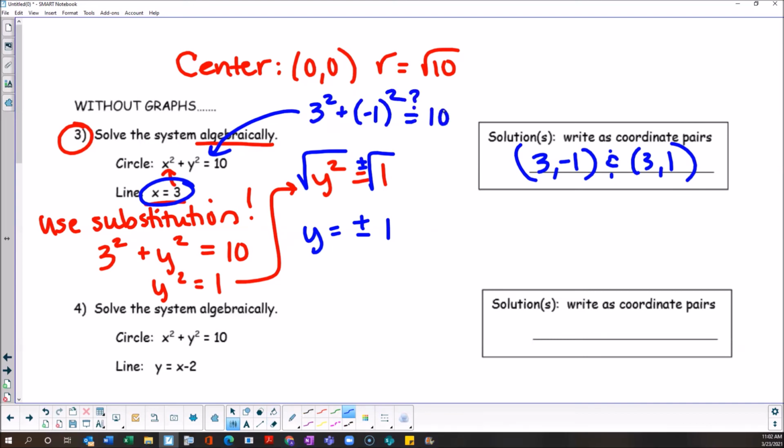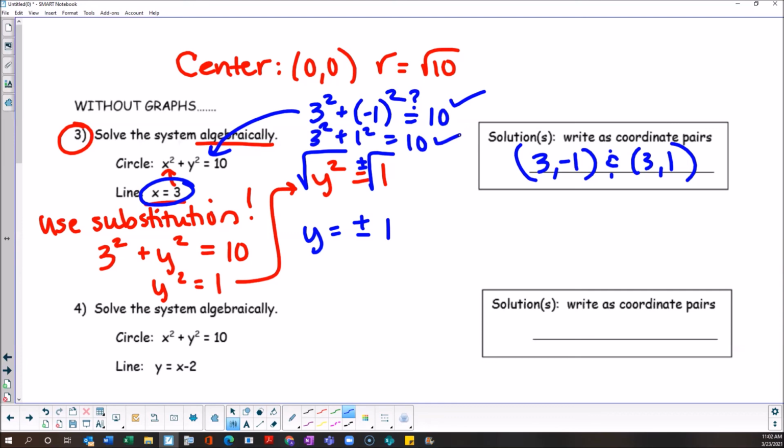Yes, it does, because any negative number is going to be a positive number once I square it, right? So I'm going to get 9 plus 1 equals 10. That works. And then 3 squared plus 1 squared equals 10. That works too. So both of those would be solutions to that problem.